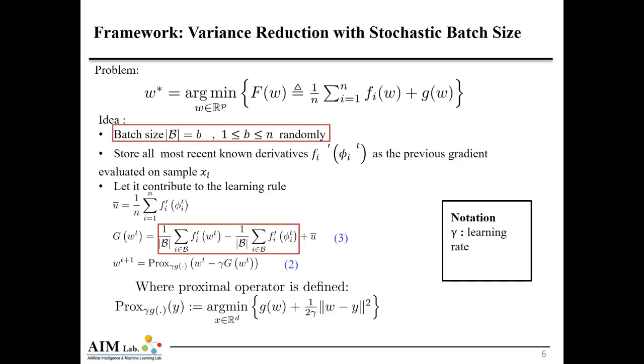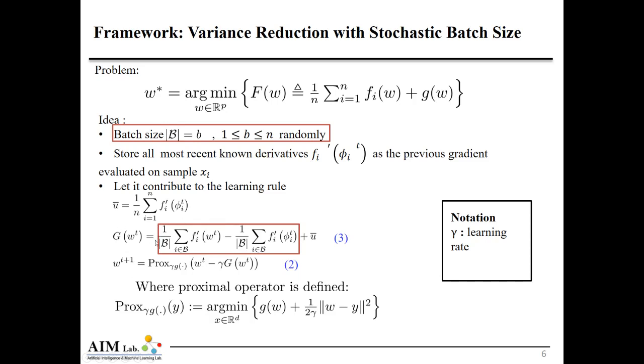Based on Saga, they propose the framework variance reduction with stochastic path size. The difference here is for each iteration, path size is randomized, follow some distribution and corresponding variance reduced gradient vector.